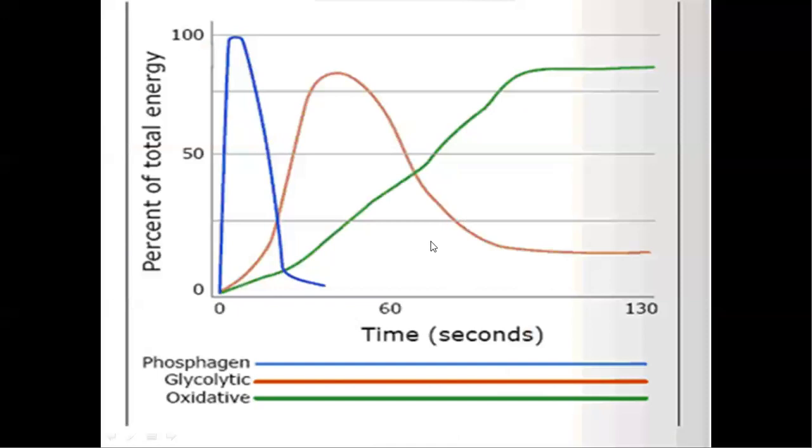This graph explains how marathon runners get their energy. The green indicates the oxidative system, this indicates the glycolytic system, the second system, and this indicates the phosphagen system or ATP PCR system. The ATP PCR system works very instantaneously. That means it works for only 5 to 15 seconds, and instant energy is released. The glycolytic system works up to 120 seconds, that means up to 1 to 2 minutes.